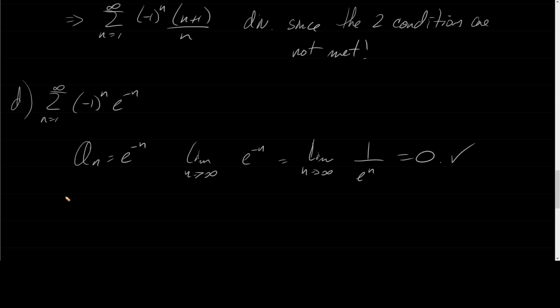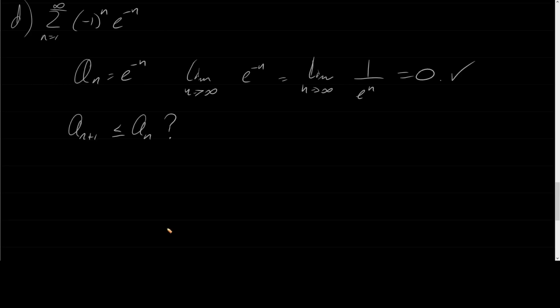Let's check out the second condition. Hold on, the second condition is not that. The second condition was that a sub n+1 must be less than a sub n. That's the question: is it a decreasing sequence? Let's figure out what a sub n+1 is. In this case, it would be e^(-(n+1)).